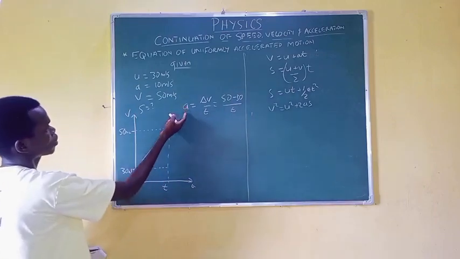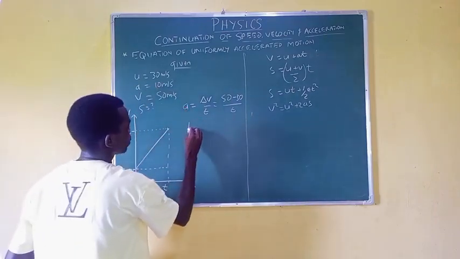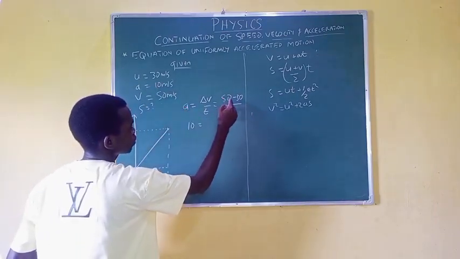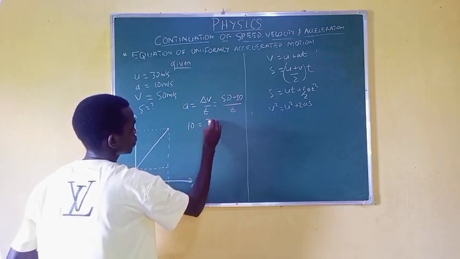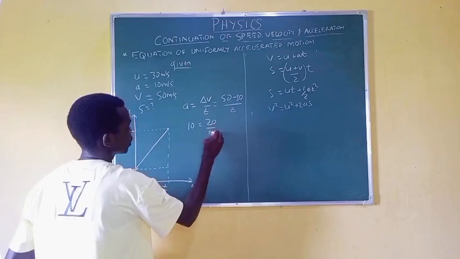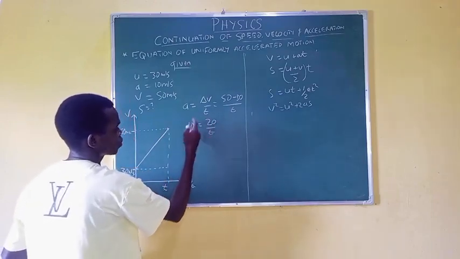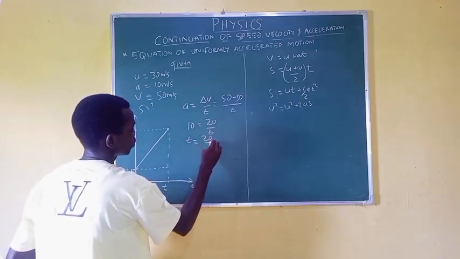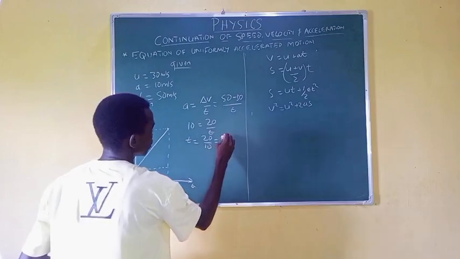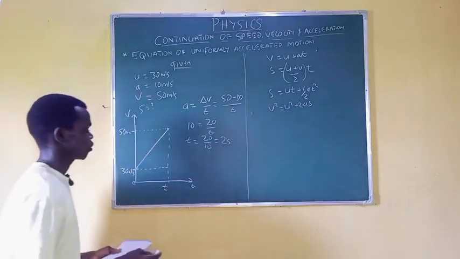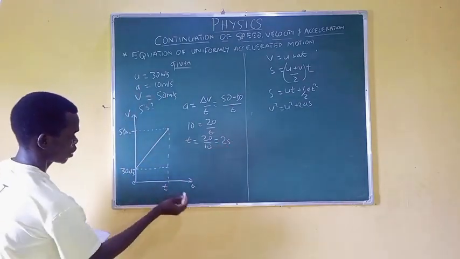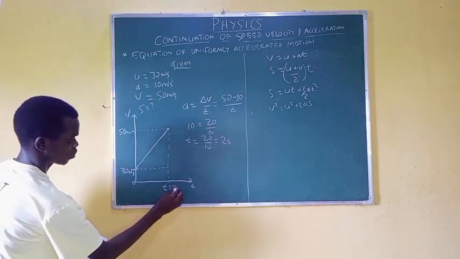I know that acceleration is equal to 10. Now 10 is equal to 50 minus 30, which is 20, all over t. Therefore, time will be, cross multiplying, 20 divided by 10, which is 2 seconds. From here, we have time is equal to 2.